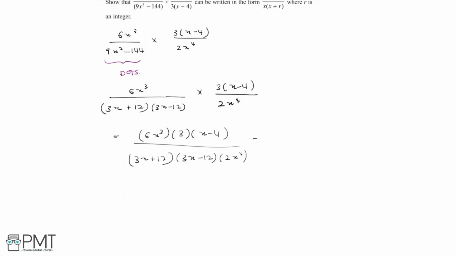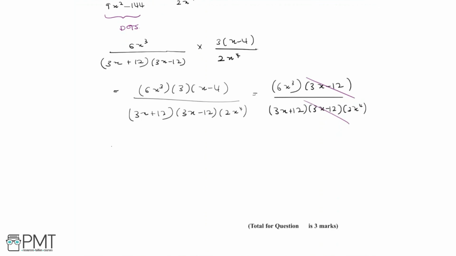We can expand that expression to end up with 3x minus 12, and then we have the same denominator as before. So immediately we can see that the 3x minus 12 on the numerator and the denominator can cancel out, which will leave us with 6x cubed on the numerator, and then 3x plus 12, and then 2x to the power of 4.